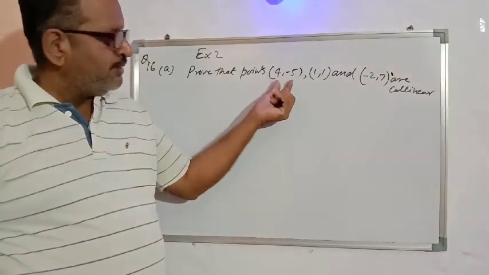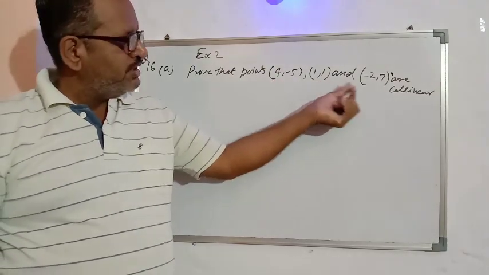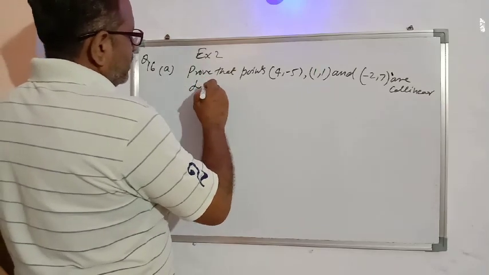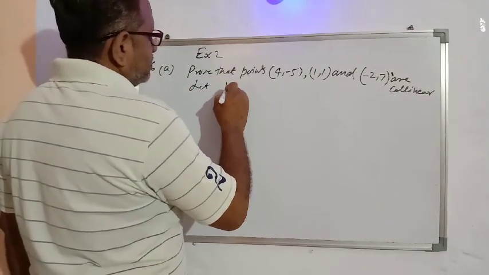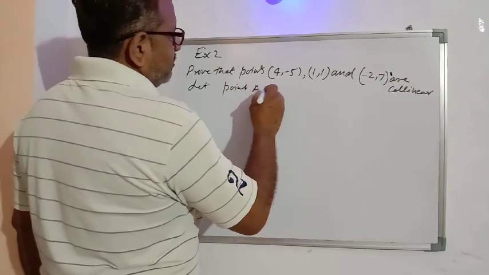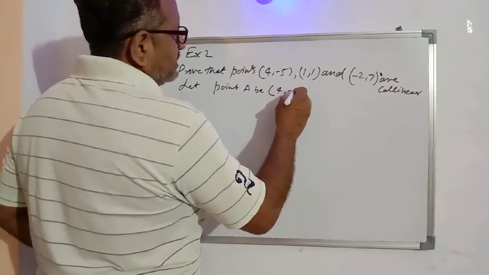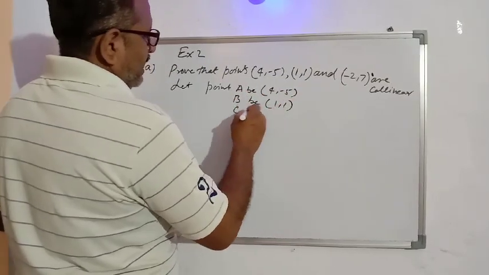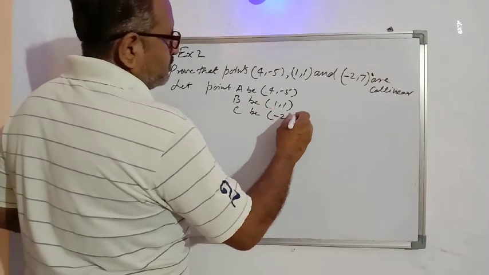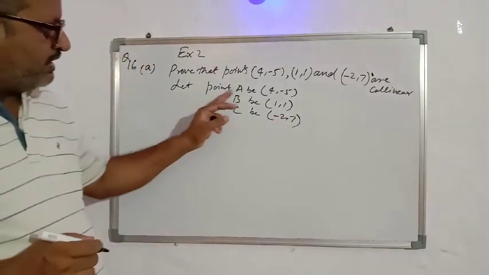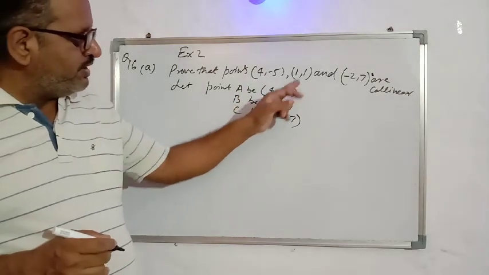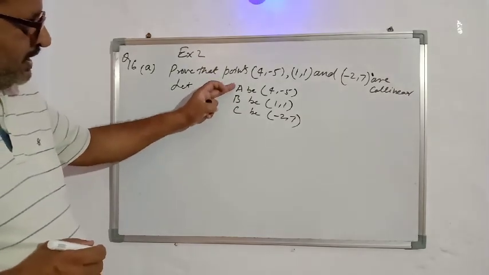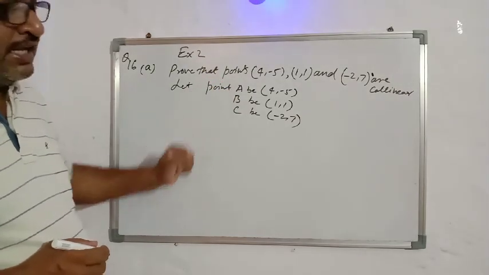So we will suppose the first point be A, second one is B, third point is C. Let point A be (4, -5), point B be (1, 1) and point C be (-2, 7). Then we have to find AB, BC and AC, 3 line segments.